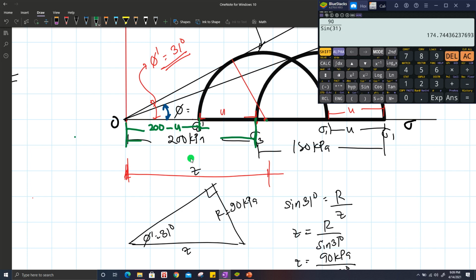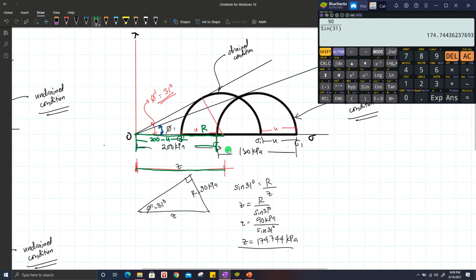Tama? Okay. So, gagawa lang tayo ng equation class, equating this distance right here. Itong green, 200 minus U plus yung radius nitong drain condition. I-equate natin dun sa kinompute natin kanina na Z. So, ito na ang solution natin para dyan.